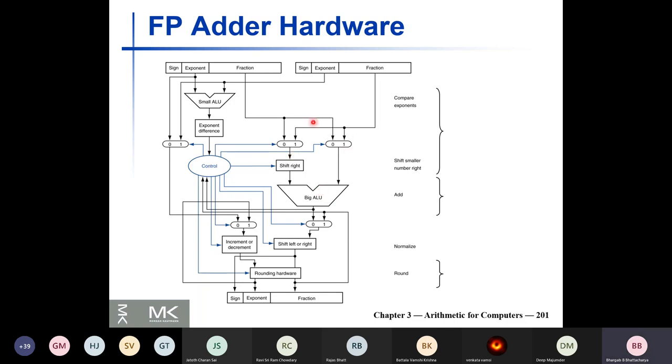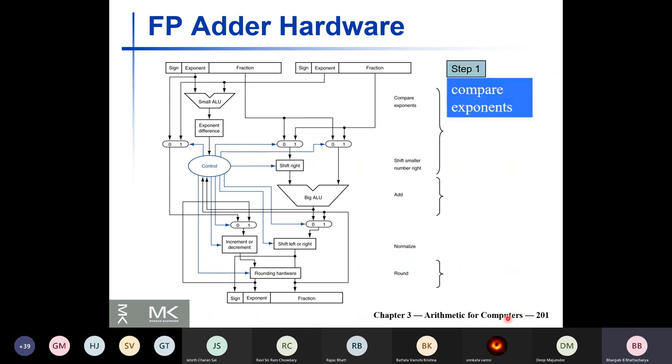And these multiplexers are needed to pass the appropriate inputs through this data path. So once the ALU is done, again, you need to shift left or right and increment or decrement the exponent value, and the rounding hardware is there, and finally the sign is determined.